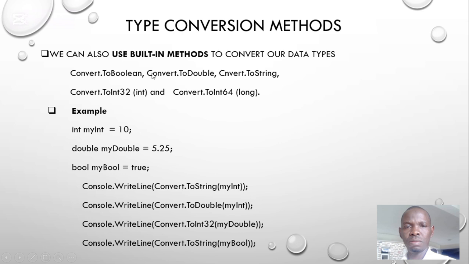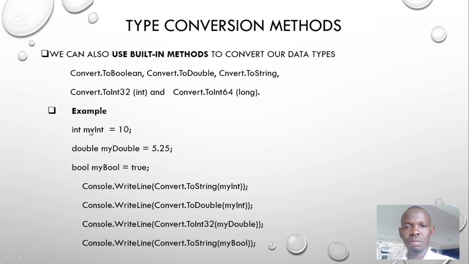So we have convert to double, convert to string, convert to Int32, and convert to Int64. ToInt32 can only handle 4 bytes, and ToInt64 can only handle 8 bytes of data.